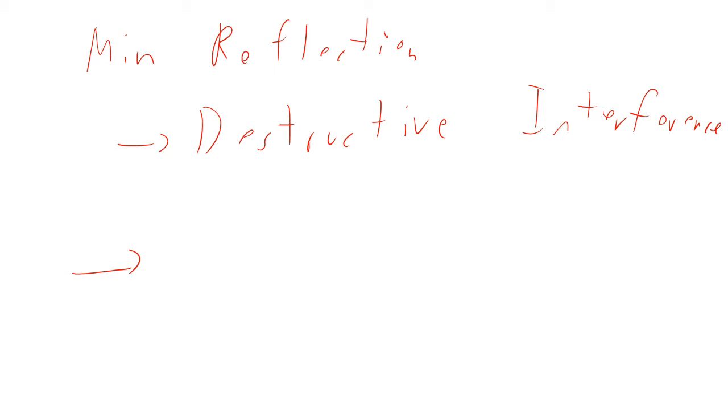That would mean that 2L equals (m plus 1/2) lambda over n. So we need to know what the n is because it makes a difference.